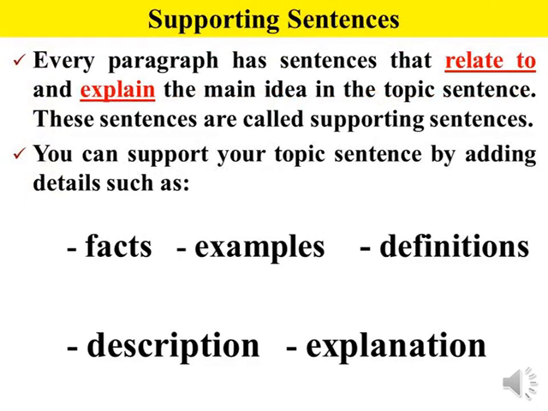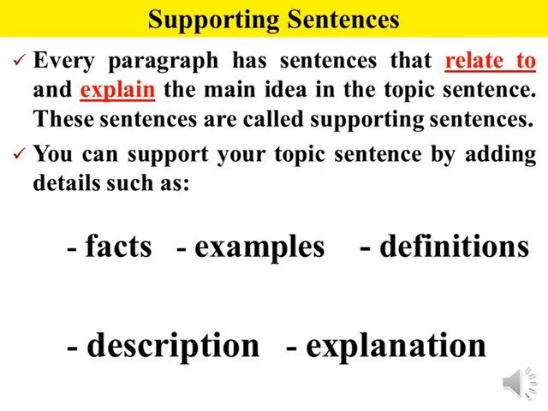After you finish writing your topic sentence, the first sentence, you have to write supporting sentences, which are going to explain the topic sentence. So every paragraph has sentences that relate and explain the main idea in the topic sentence. These sentences are called supporting sentences. You can support your topic sentence by adding details, such as what?